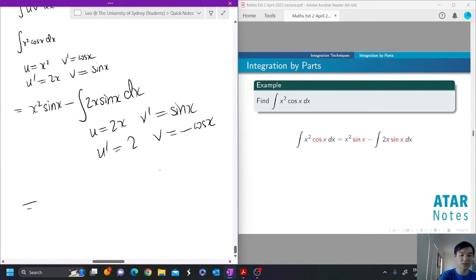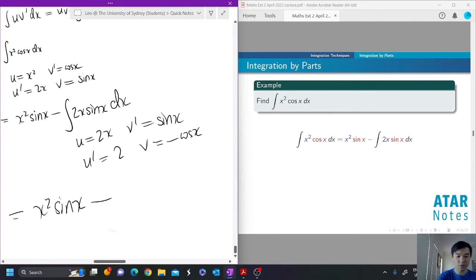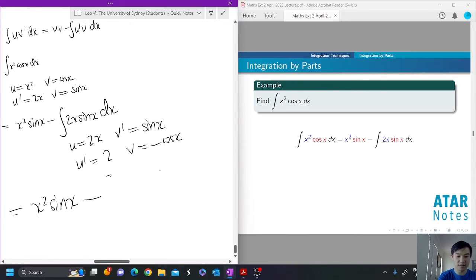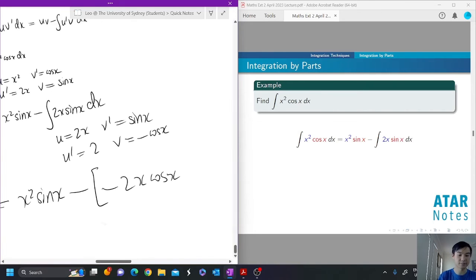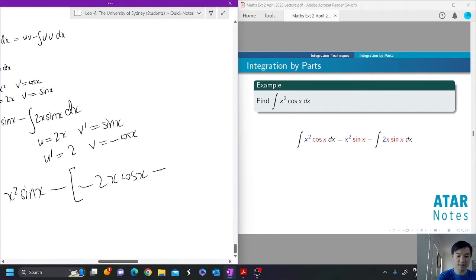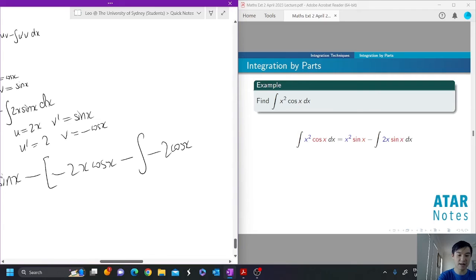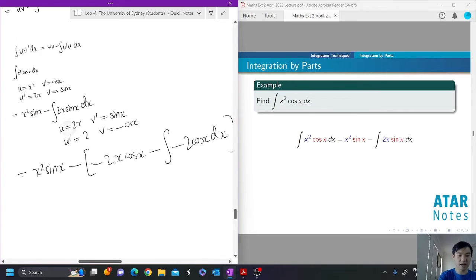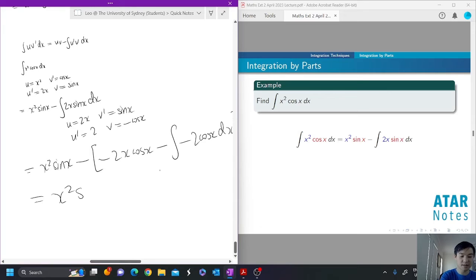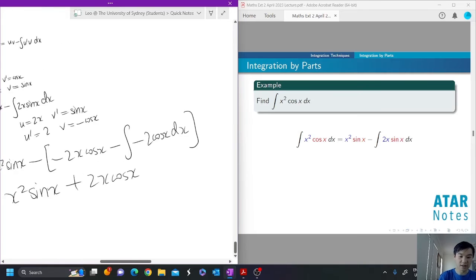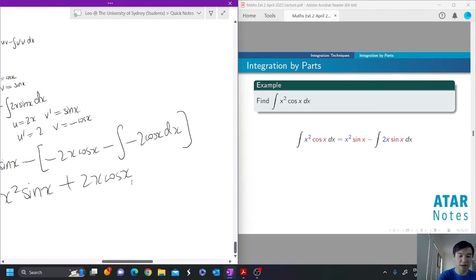So therefore the integral is going to be x squared sine x minus, we've got uv, so it's going to be negative 2x cos x, and minus the integral of negative 2 cos x. When I expand the brackets, I get plus 2x cos x, and then minus 2 times the integral of cos x dx.